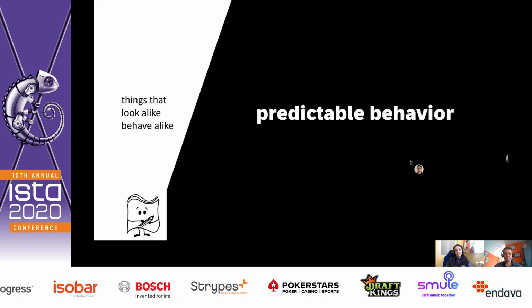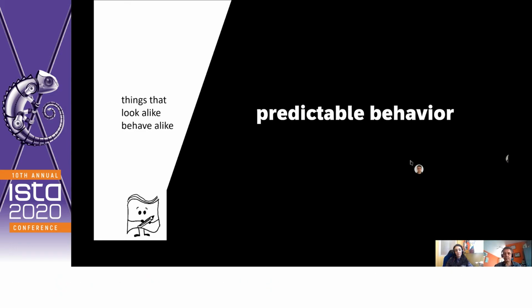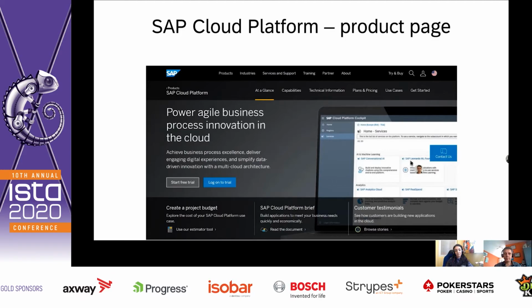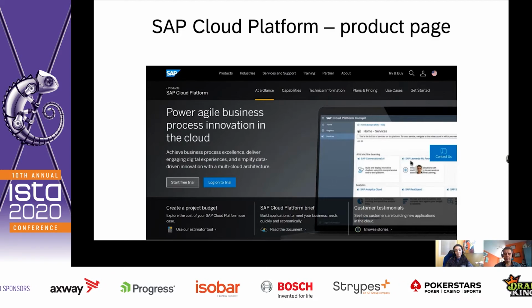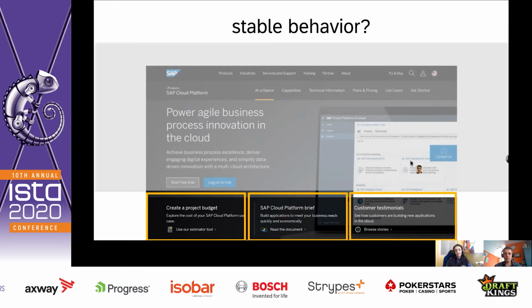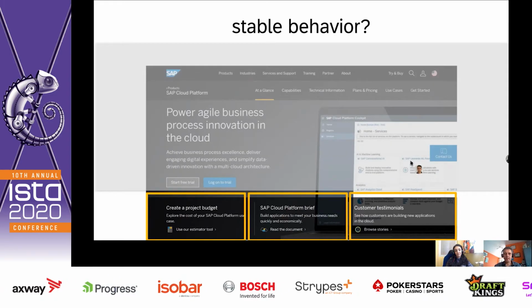Now, the next sub-need is the need for predictable behavior. We already saw that in the survey form. We can't predict the behavior just by the appearance, and this is confusing. So let's look at another example. This is from the SAP Cloud Platform product page on the website of the company. And we want to focus on the area here at the bottom.